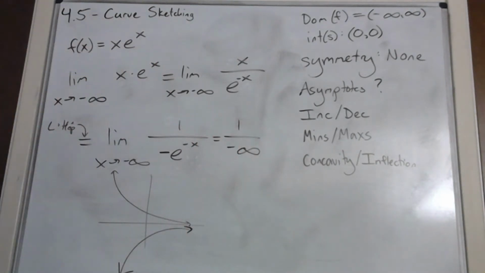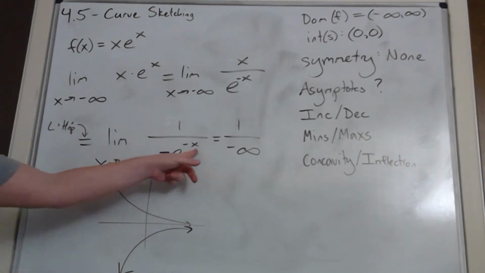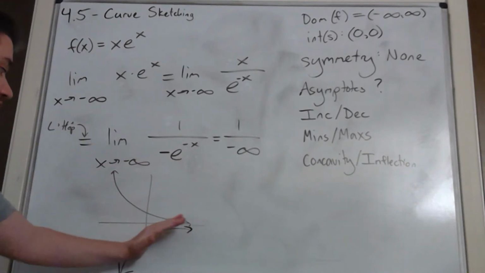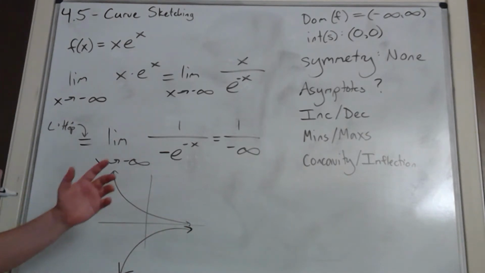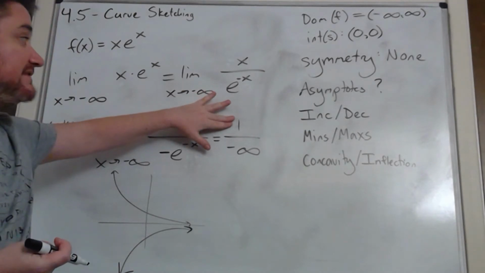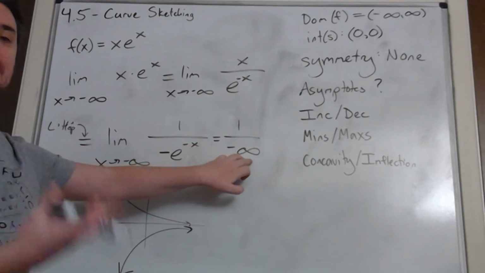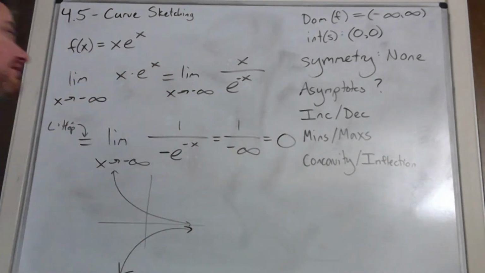All right, so I try direct substitution, kind of, just using the graph. As this graph, negative e to the negative x, moves to the left, it's plunging down towards an infinite value. The fact that it's negative doesn't really concern me. I've got a fixed number that's being divided by larger and larger items, and so the result of that limit is going to 0. Alrighty, so that's what we've got right there.